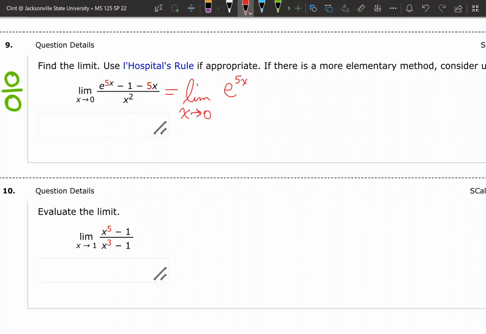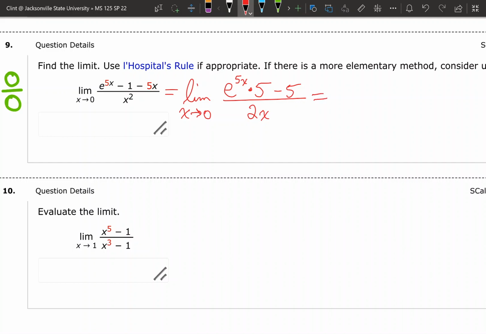That one unfortunately is chain rule, so that's times 5. The derivative of negative 1 is 0. The derivative of negative 5x is negative 5. And then if we take the derivative of the bottom, we get 2x.